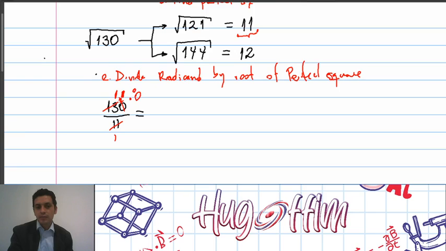The next term here will be 90. And 90 divided by 11 is going to be about 8. Yes, 8 times 11 is 88. Yes, we're going to get 2 left. Okay, so I'm going to round it to 11.81.